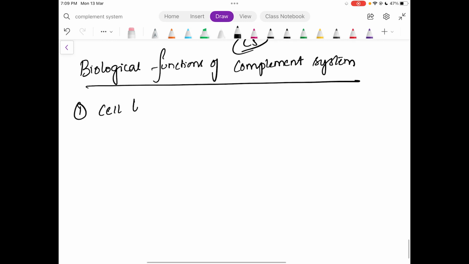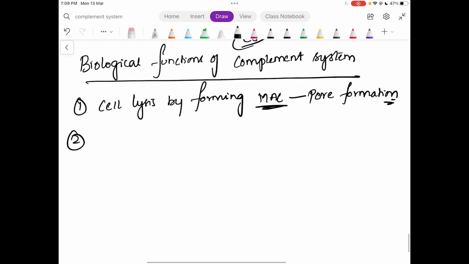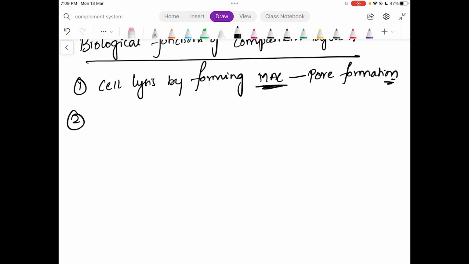They'll cause cell lysis by forming membrane attack complex. What this membrane attack complex will do? They'll cause pore formation on bacterial cell wall. Like this they'll kill the bacteria. After killing, the remnants are digested by macrophages.